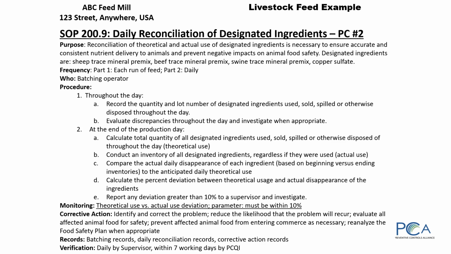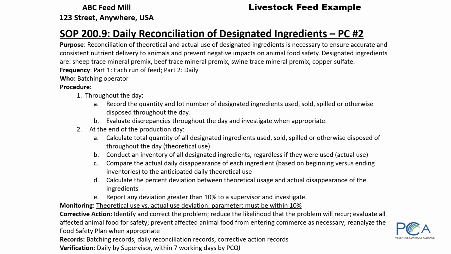So you'll see this is SOP 200.9, but it's still associated with preventive control number 2. We had an SOP that showed us how to batch and mix, and we have an SOP that shows us one of the monitoring procedures, which is a reconciliation. This is just an example. You should coordinate and create these things to make sure it works for your facility, and incorporates what you already have in place as well.